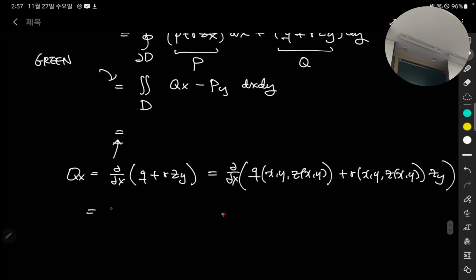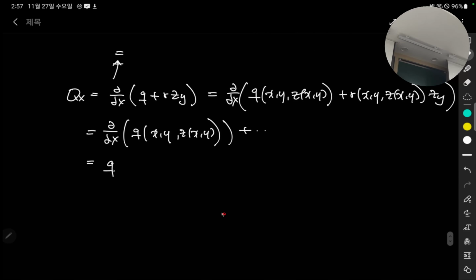So you're taking a partial differential of Q(x, y, z(x,y)). This is a composition of Q and S, the parameterization of the surface. And this is the same as Q_x times ∂x/∂x plus Q_y times ∂y/∂x plus Q_z times ∂z/∂x.